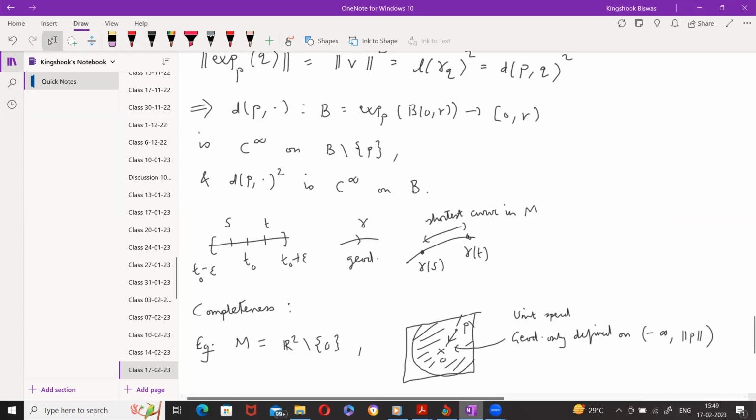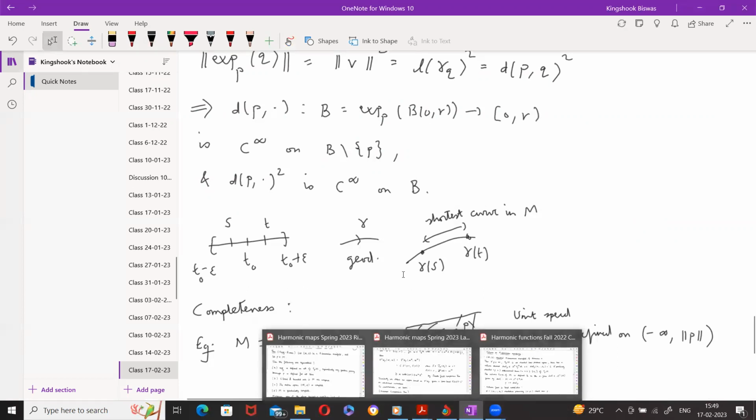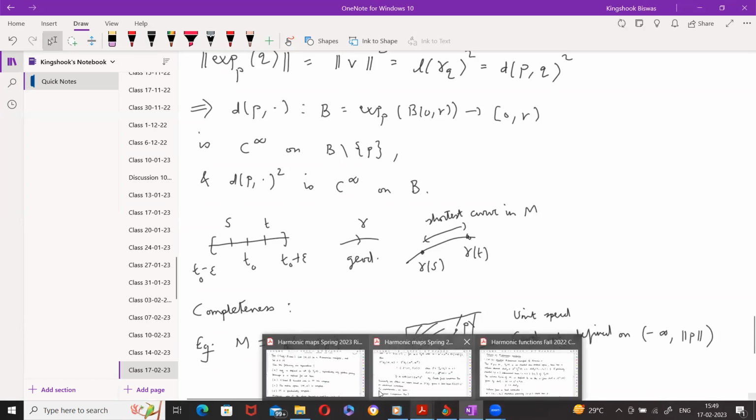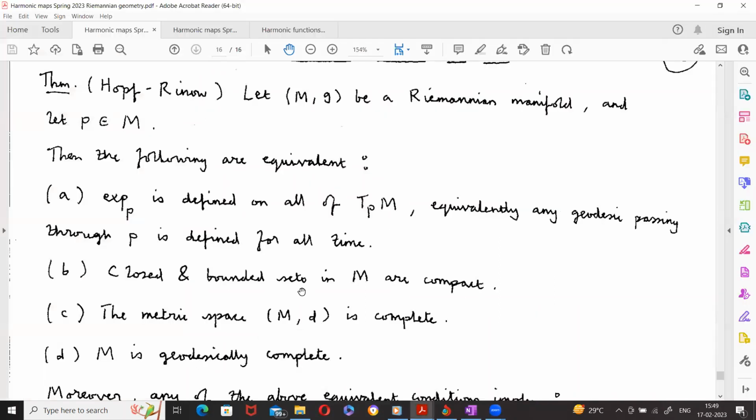Okay. So in the setup of the Hopf-Rinow theorem, it says that if the exponential map at some point P is defined on all of the tangent space, then that is equivalent to all closed and bounded sets in M being compact. And that is equivalent to the metric space M, with the distance function from the Riemannian metric, being complete.